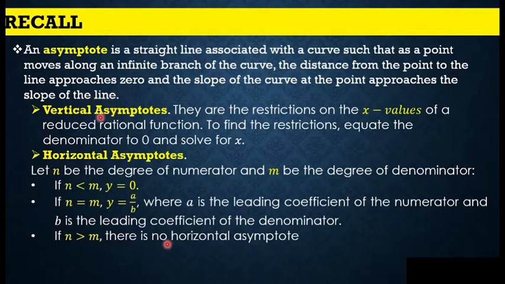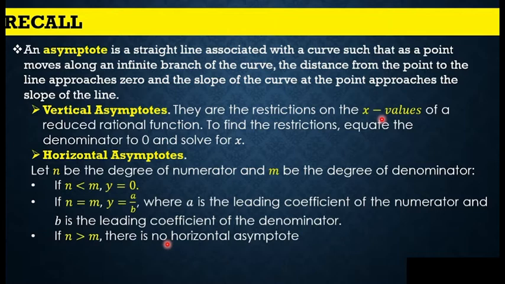So merong approaching na line, pero di siya touch sa restriction point. Vertical asymptotes are the restrictions on the x values. Merong mga curve na dapat hindi mag-touch doon sa ating x values pag vertical asymptote.